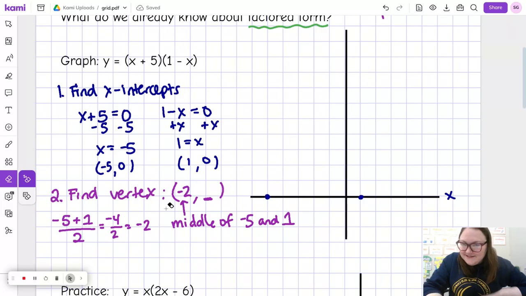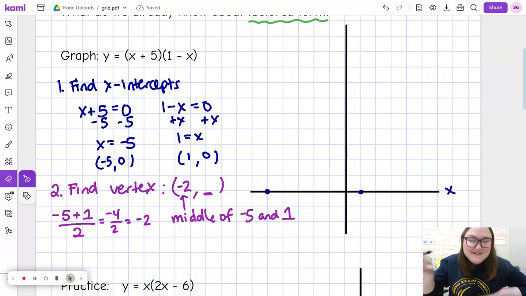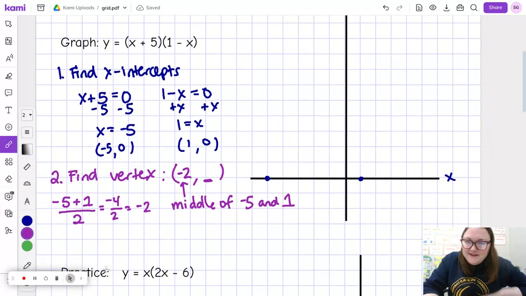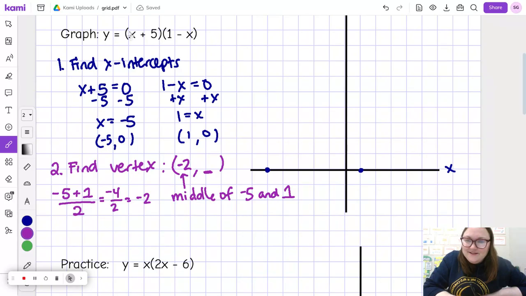And the way we do this is the same way we've done it for a lot of different equations. If you know the x and you want to find y, all you have to do is substitute. In your equation, replace x with -2 and then solve, and it'll tell you what y is. So what that looks like for me is our equation is y equals x plus 5 times 1 minus x.